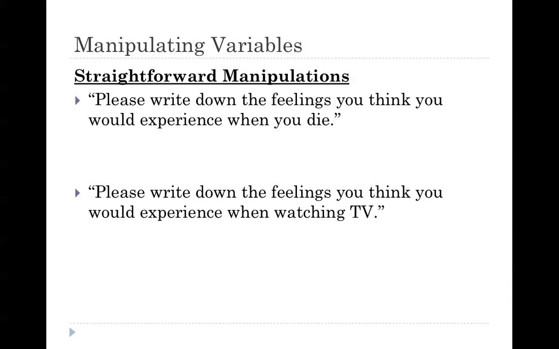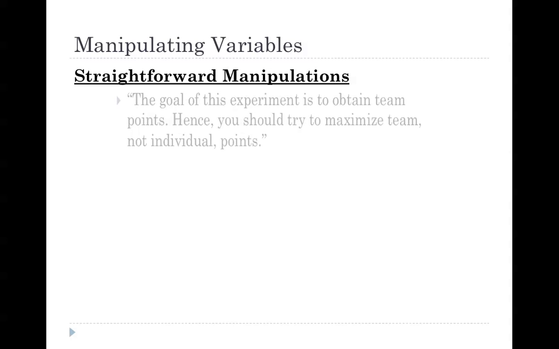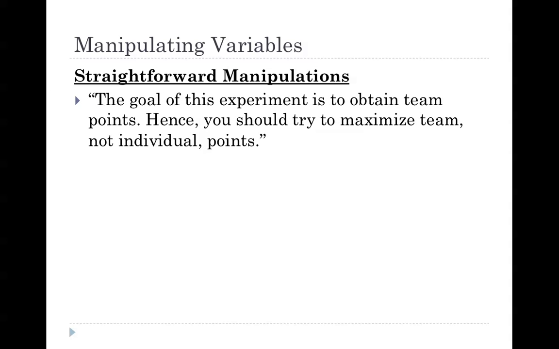Or if you wanted to, you could do this one written. Now for instance, besides the actual prime, which was the terror management example, it could be just the actual instructions you give to participants. So for instance, if you tell participants the goal of the experiment is to obtain team points, hence you should try to maximize team, not individual points. Now let's say this is treatment 1.